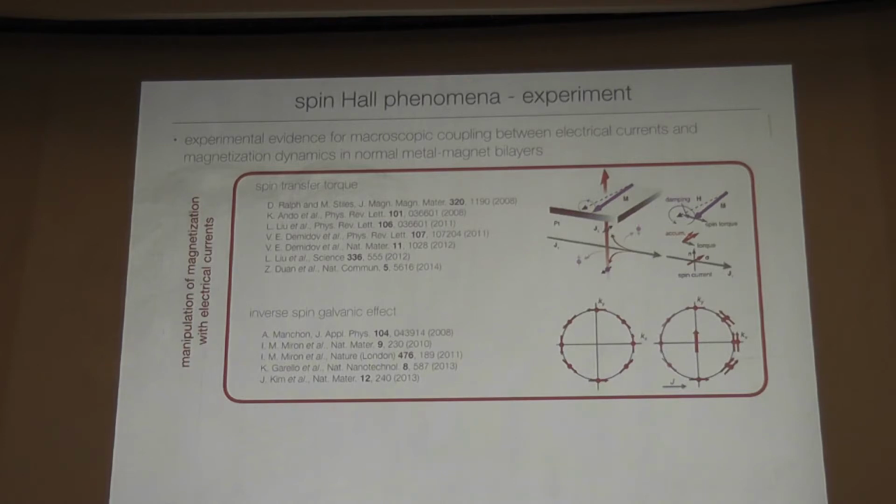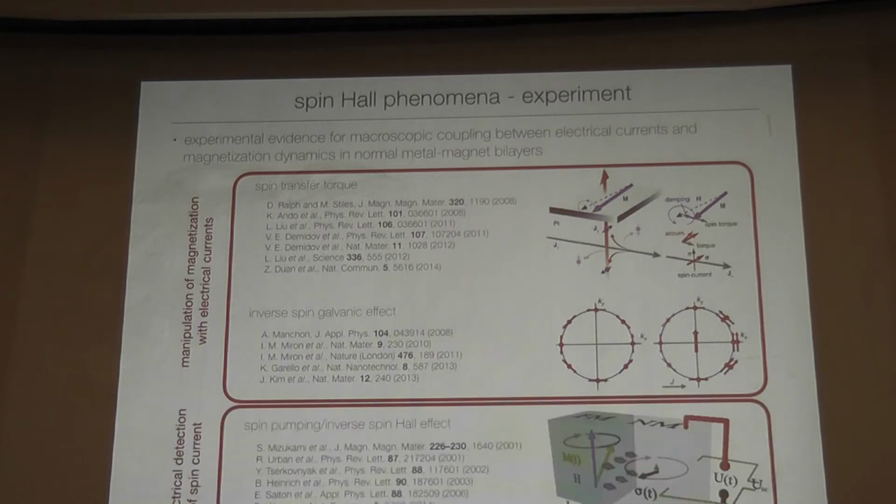There's a related phenomenon to that, the inverse spin galvanic effect, which is a non-equilibrium effect in which if you pass a charge current through a metal, that induces a non-equilibrium spin accumulation, and that spin accumulation can be exchange coupled to the magnetization and also induce a torque. And then there's an inverse phenomenon, which people often call spin pumping and inverse spin Hall effect.